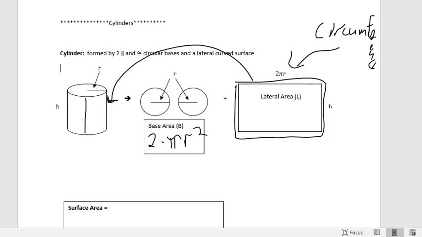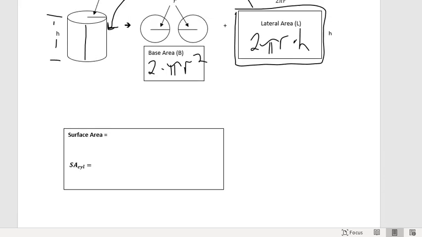And then we have the height h from top to bottom. That's going to be the other side. So the area of this is 2 pi r times h.